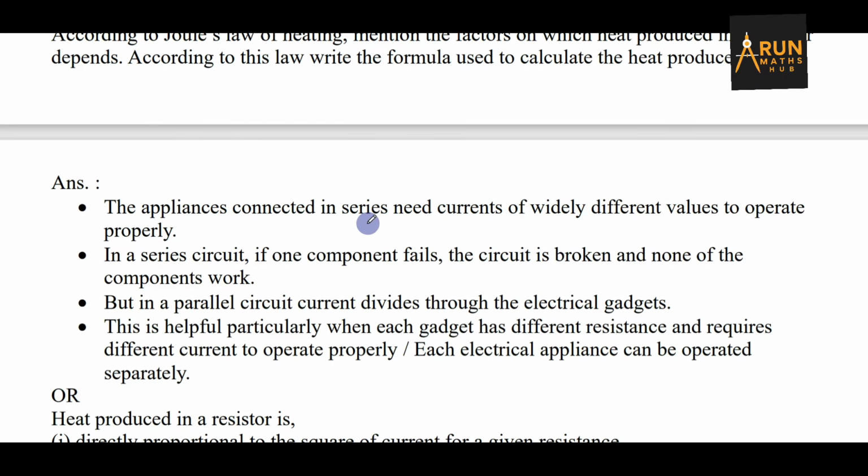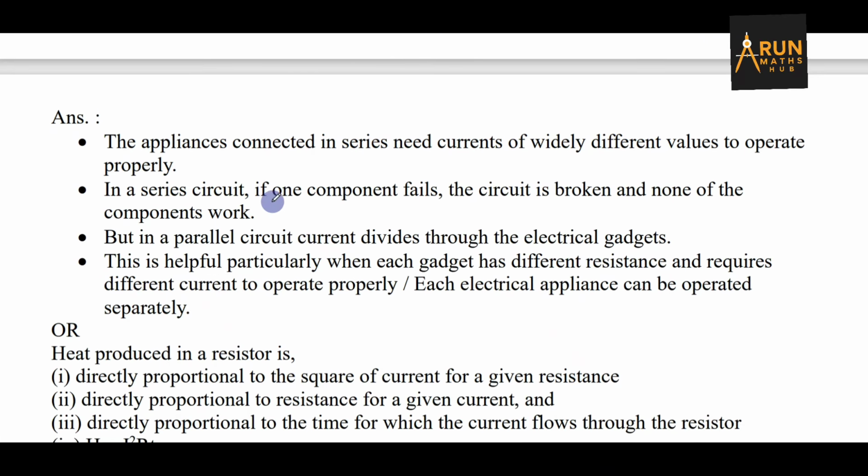The appliances connected in series need current of widely different values to operate properly. So when connected in series, they need different values of current. In a series circuit, if one component fails, the circuit is broken and none of the components work. But in a parallel circuit, current divides through the electrical gadgets.